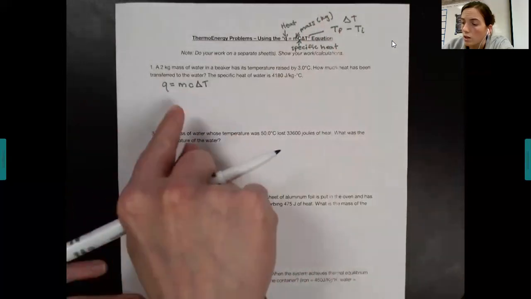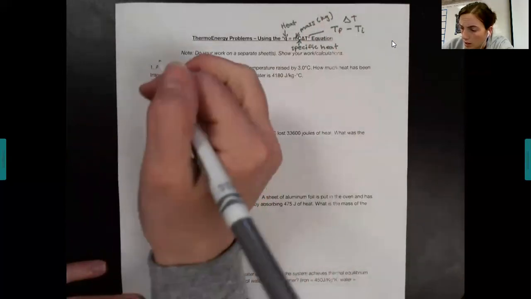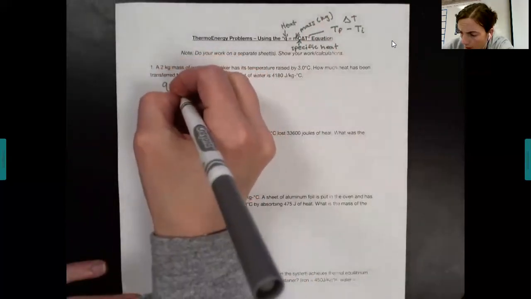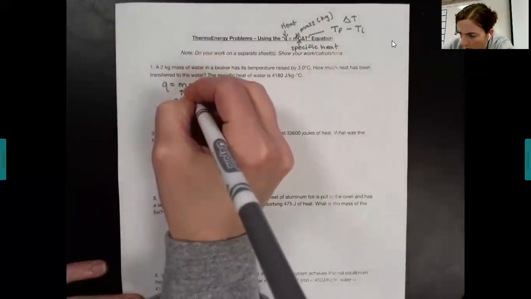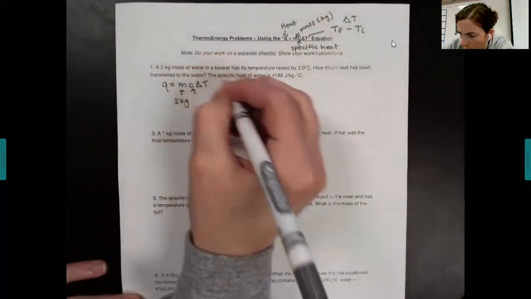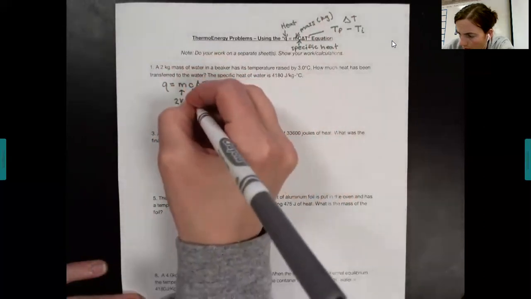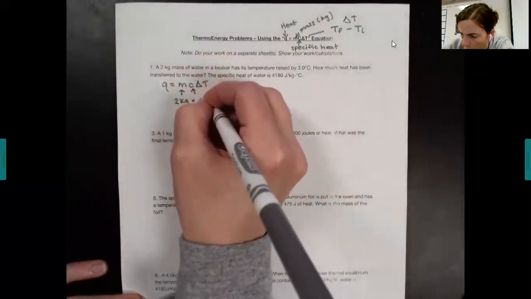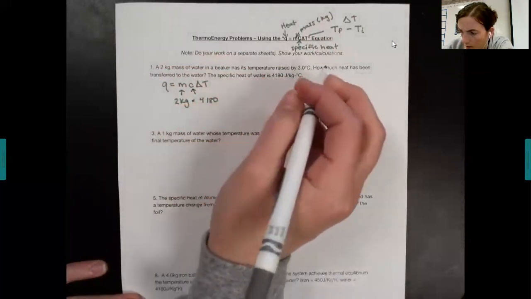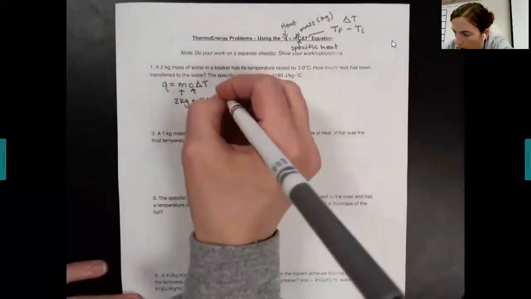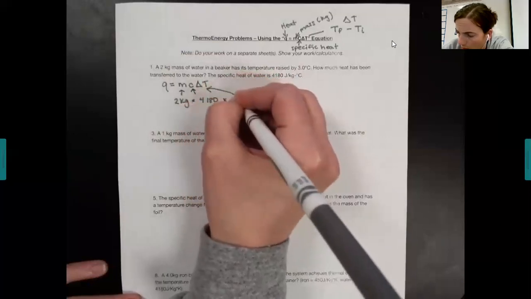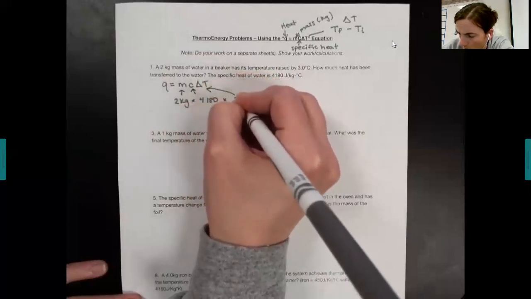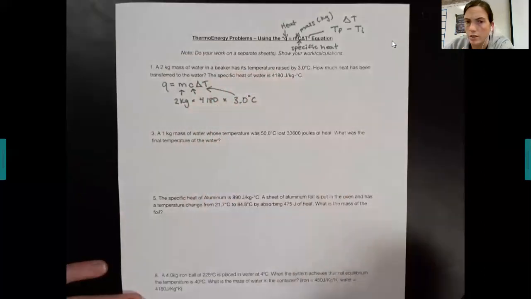All right, so here this tells us a mass of 2 kilograms. It gives us the specific heat of 4,180 and all those units that I'm not going to write out. And it tells us the change of temperature is 3.0 degrees Celsius.